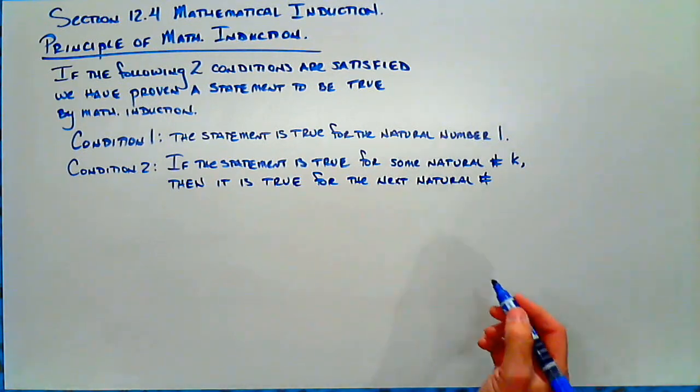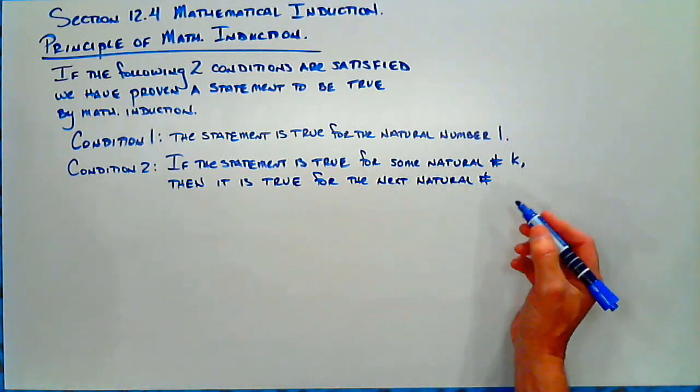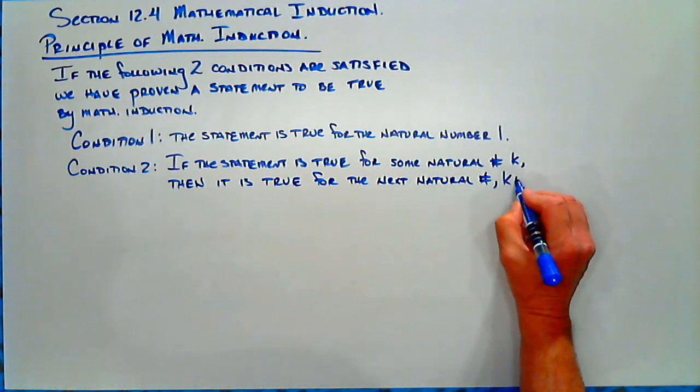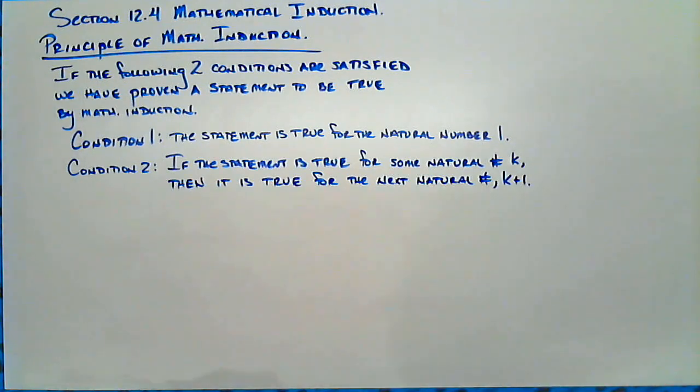And the next natural number after k is going to be k plus 1. So if we can satisfy these two conditions, then we can prove something is true by the technique of mathematical induction.